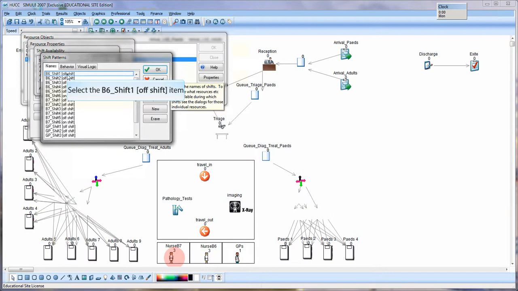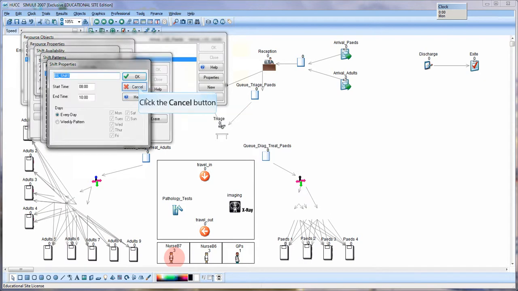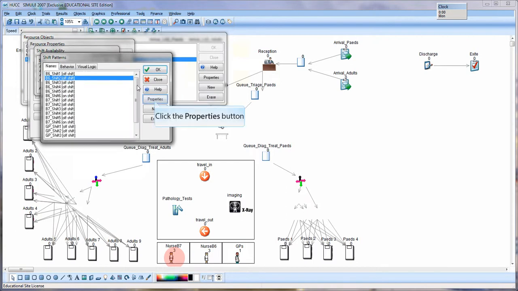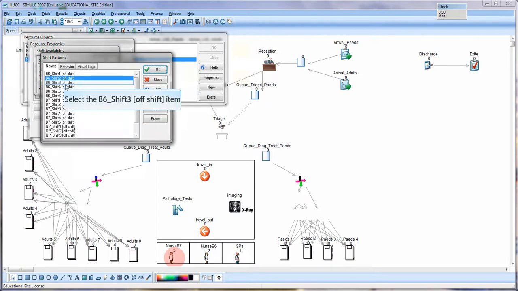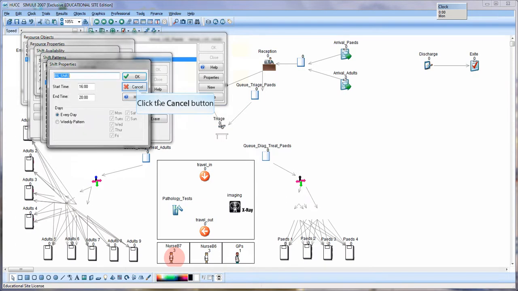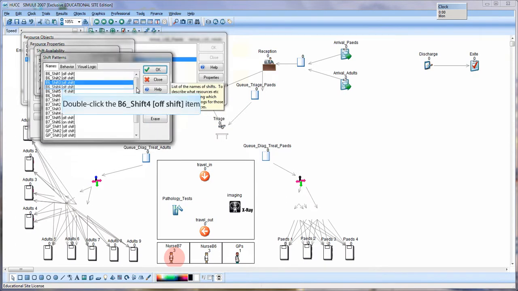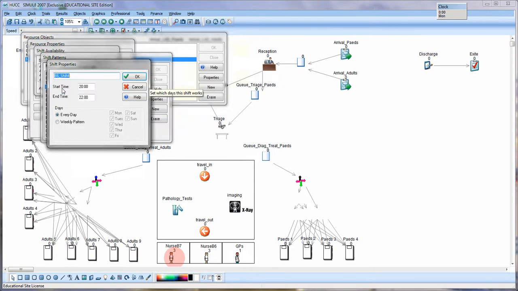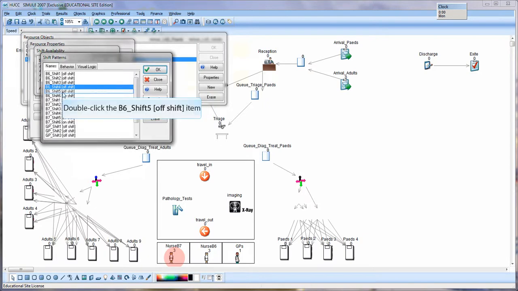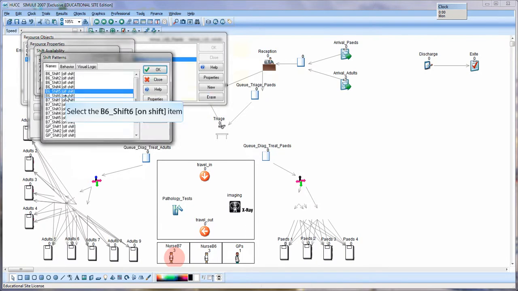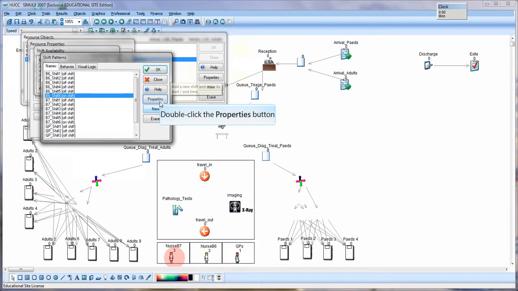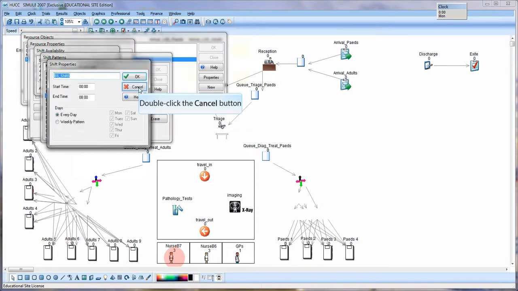So shift 1 consists of 8 to 10, shift 2 10 to 4, shift 3 4 to 8, shift 4 8 to 10, shift 5 10 to midnight, and the last shift is midnight to 8 o'clock.